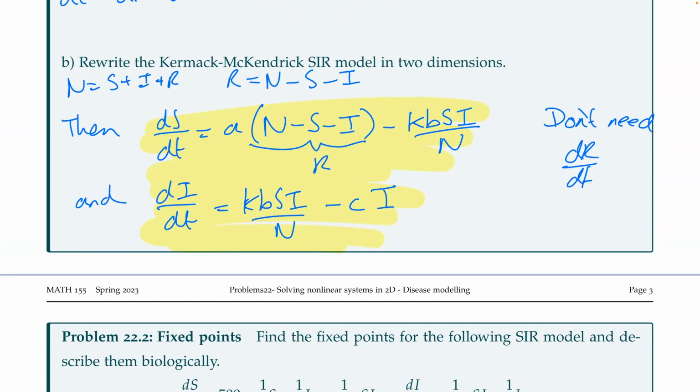That's a convention thing, but it wouldn't be incorrect to get rid of S or I if you wanted to. It also makes it a little bit simpler, because the S's and I's appear in terms where we're multiplying an S by an I, and that would make it a little bit more complicated. The R only appears in a linear term, which makes it easier to analyze. That's the other reason why we choose it. Any other questions?